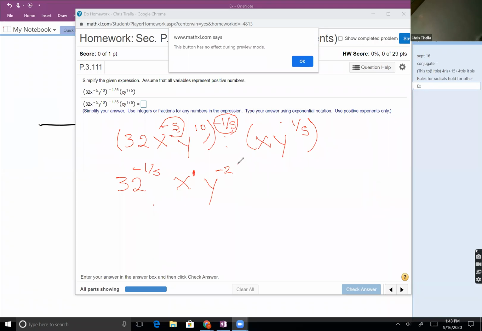And then I'm going to multiply that by xy to the 1/5. Over here, the number part, 32 to the negative 1/5 is 1 over the 5th root of 32, and that's just a fancy way of writing a half.